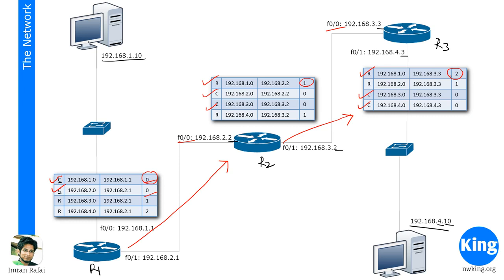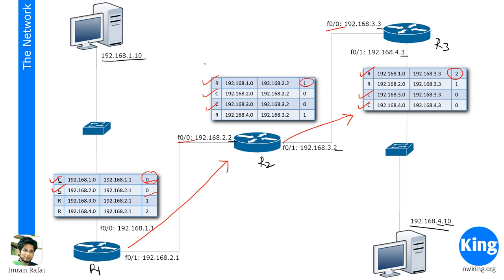To avoid looping or counting to infinity, RIP has a mechanism called split horizon. Split horizon just says this: do not send an update about a network or a route on the interface through which you learned it. In this case, let's say router 2. Where did router 2 learn about 192.168.1.0?